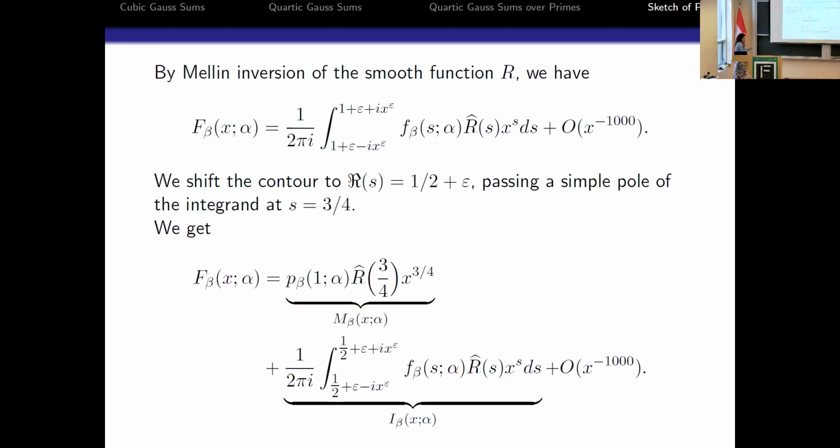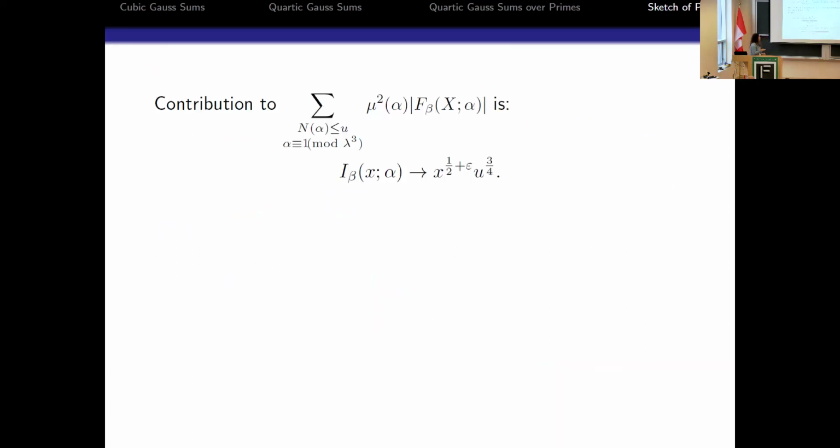When doing so, you capture that residue right here, and you end up with a leftover contour integral and just some error term. Thanks to the rapid decay of the Mellin inverse of R, we get a very small error here. Now we need to understand the contribution of that main residue part.